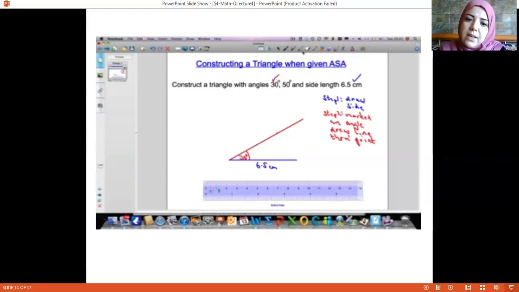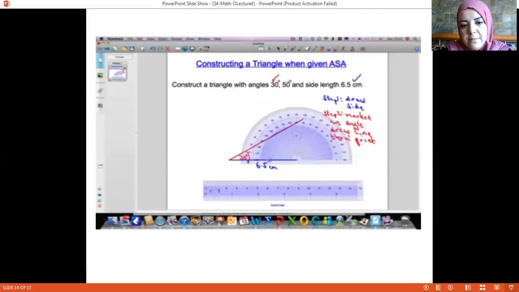Also using a protractor, mark an angle of 50.